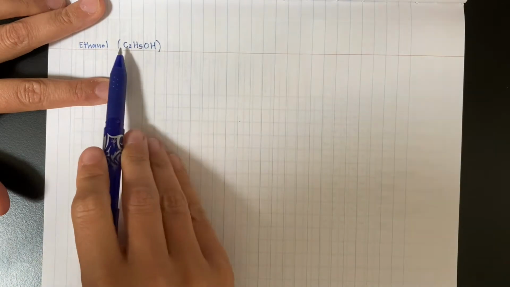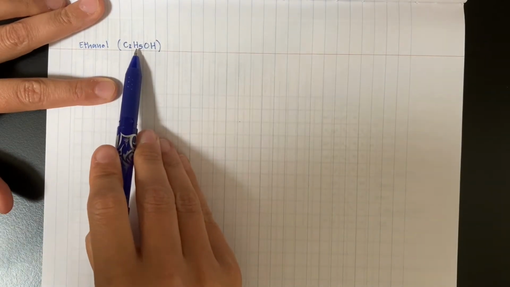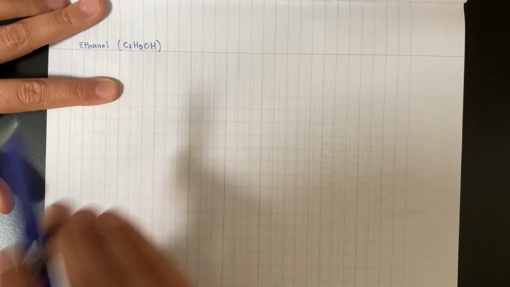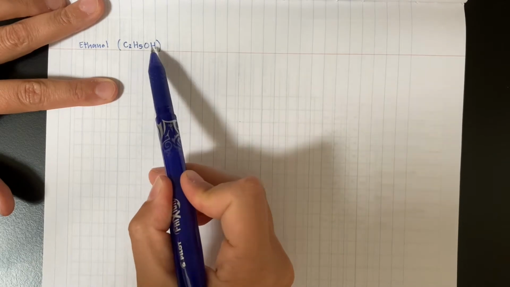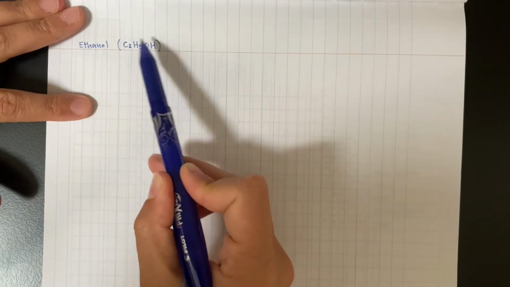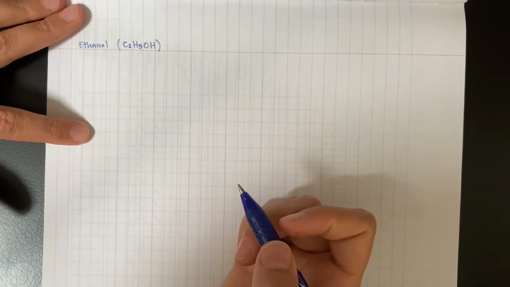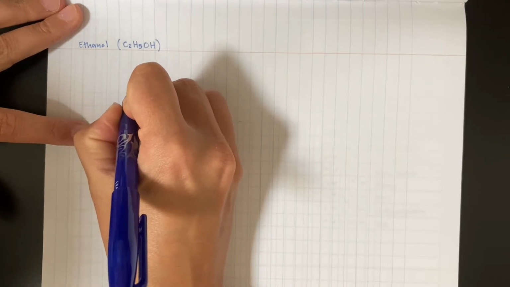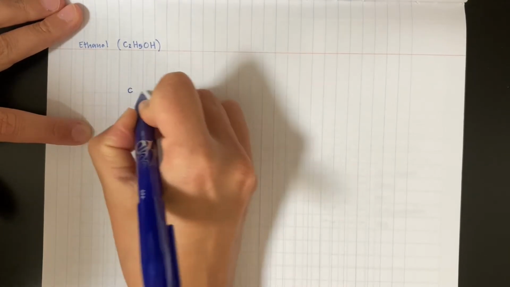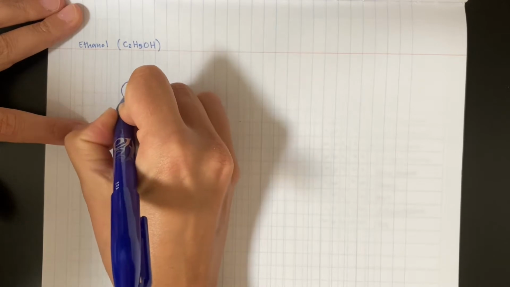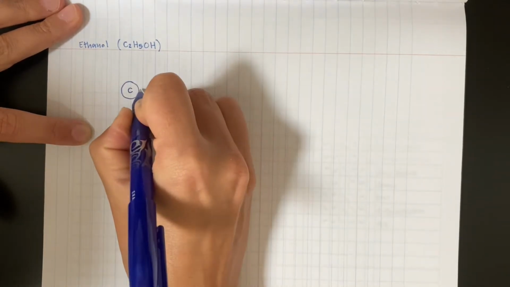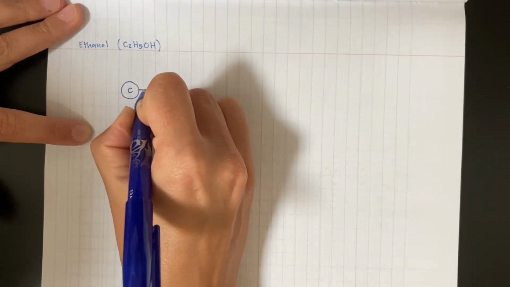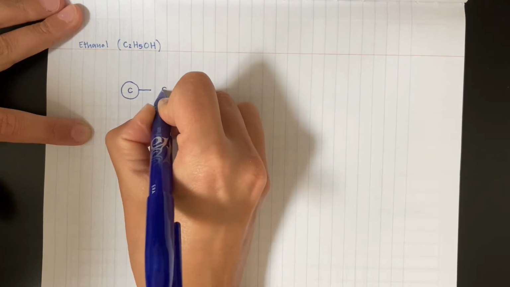You could also write this C2H6O, but I like to write it this way because it tells me a little bit about how the molecule is structured. So this tells me that there are two carbons. And when I'm drawing these out, carbon really likes to bond to itself. So I'm going to draw a carbon, and I'm going to draw that carbon bonded to another carbon.